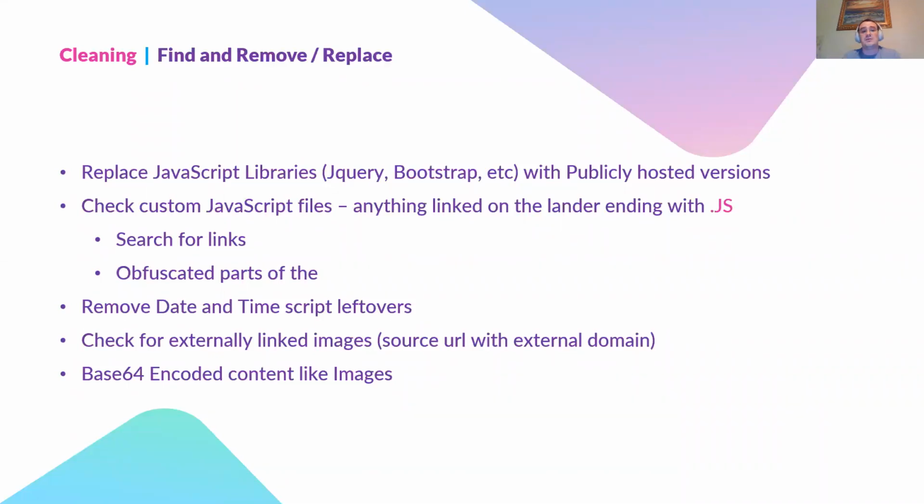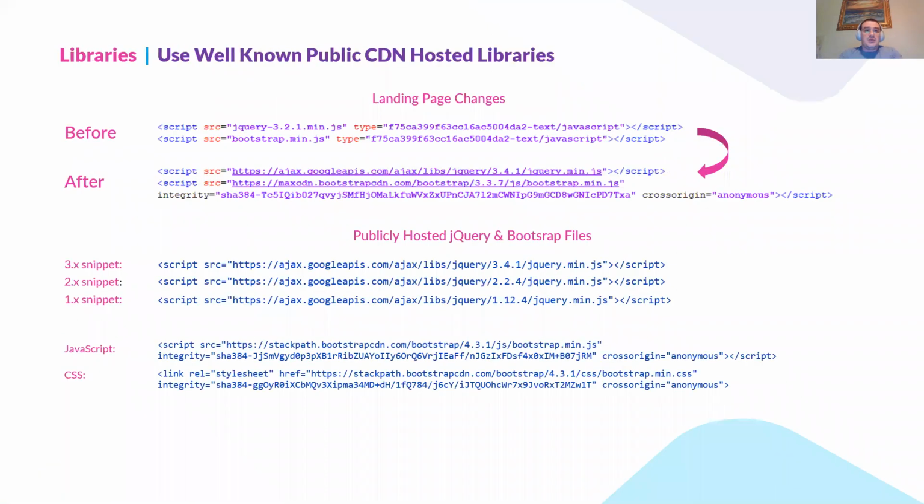So in that case, even when you have base64 encoded images, it's always best to check those images and make sure you replace them with file based images, or at least recreate the base64 encoded content and paste it on your Lander. Here are a few examples, like when you go to landing pages, and let me make some annotations here.